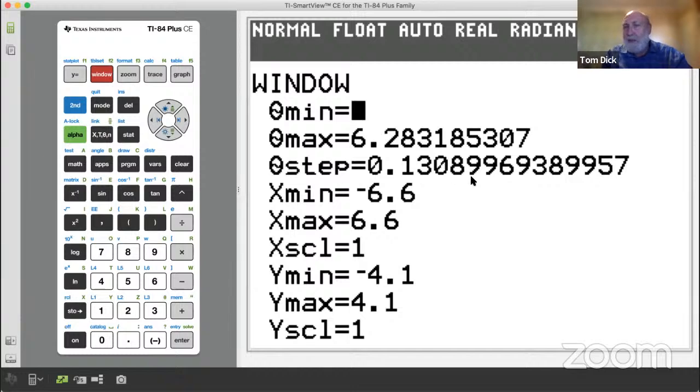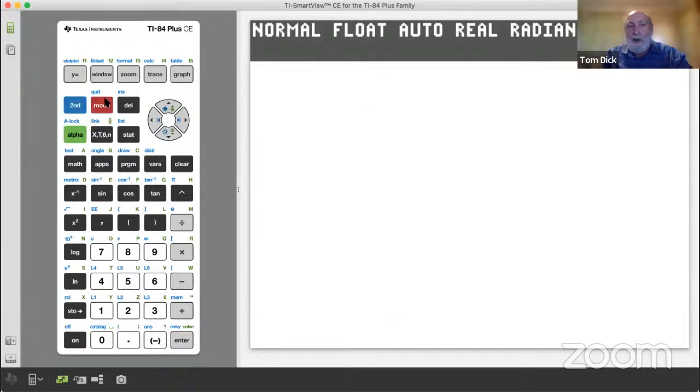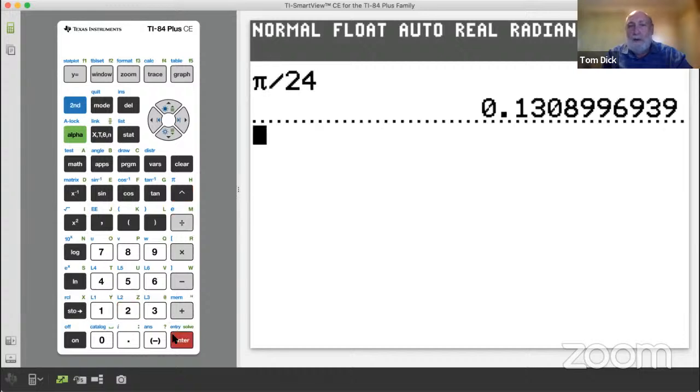But this theta step looks a little weird: 0.130899. Keep that in mind. Let me quit out of that window and calculate pi divided by 24. Looks familiar. That's what the theta step is.